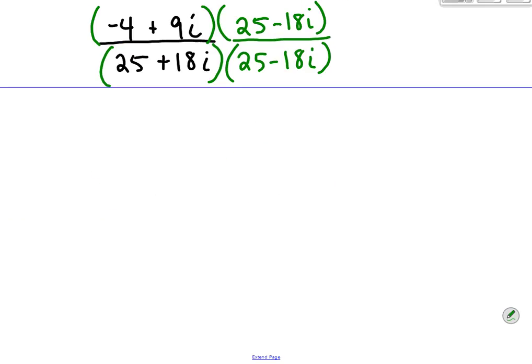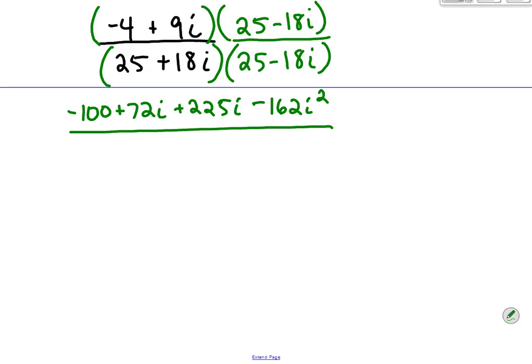So negative 4 times 25 is negative 100. Negative 4 times negative 18i is plus 72i. And 9i times 25 is plus 225i. And then 9i times negative 18i is minus 162i squared, which I'll be changing after a little bit.